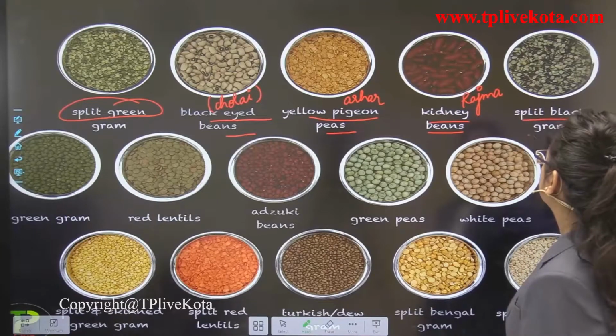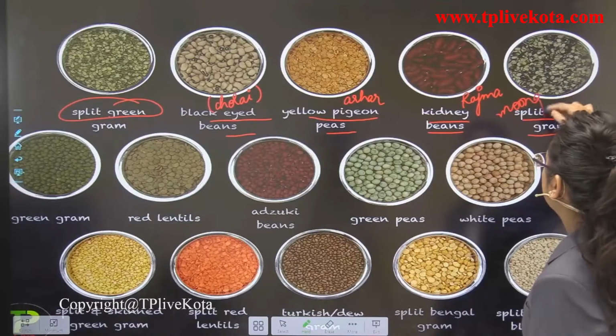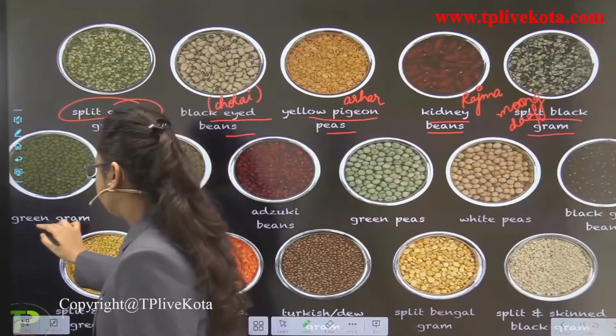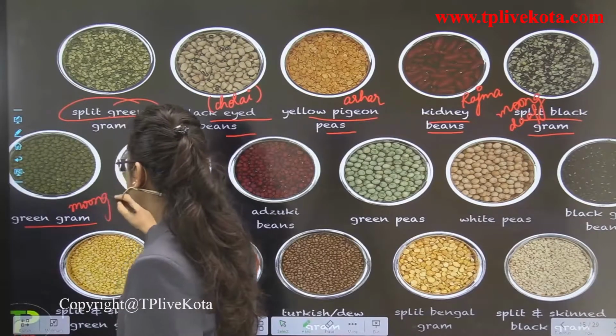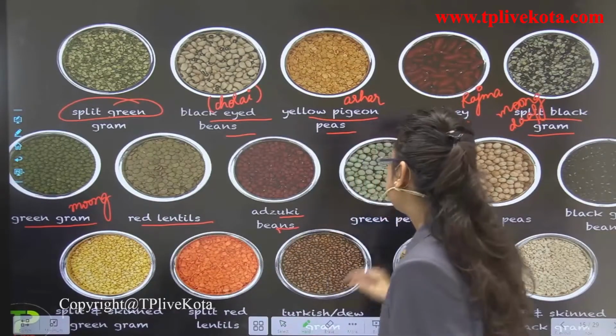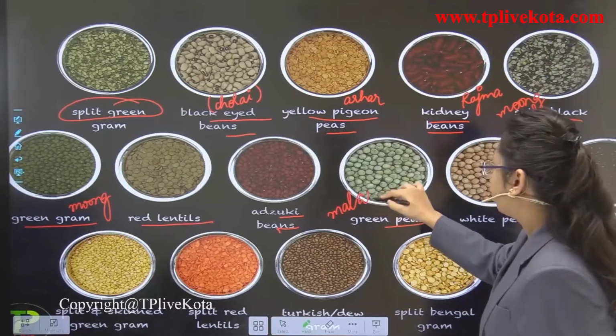Split black gram, that is known as urad dal. Green gram, it is also known as moong. Red lentils, adzuki beans, green peas, that is also known as matar dal.